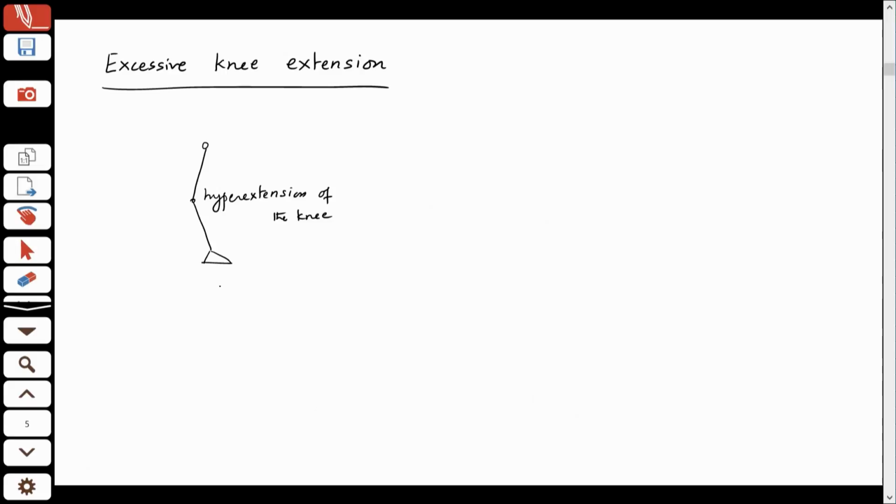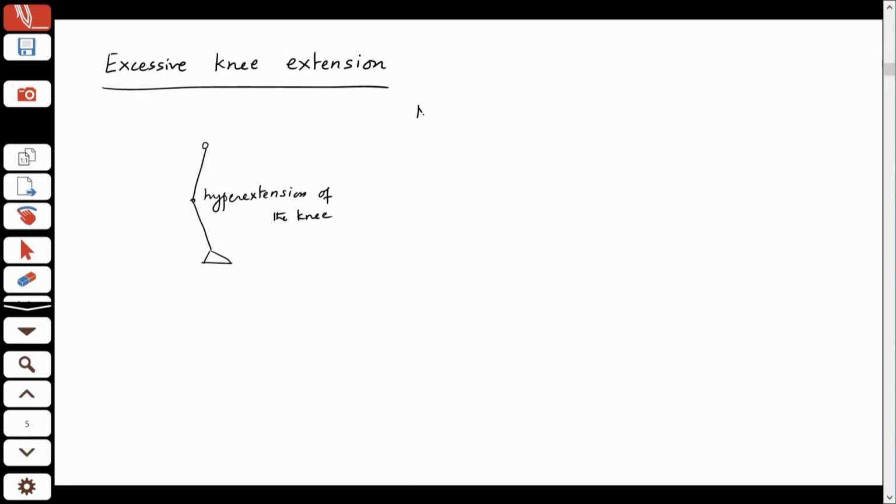Okay. So, that is lost in this case, and also this condition keeps getting worse because now the load line always passes anterior to the knee. Okay. So, this condition is actually getting worsened as the person walks.